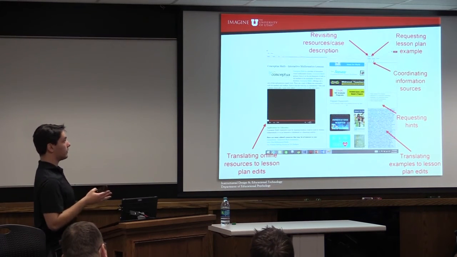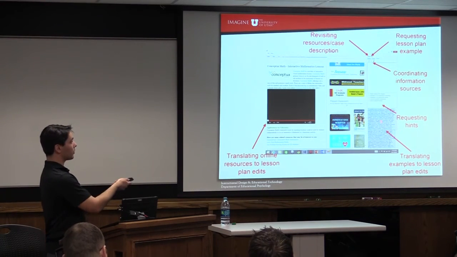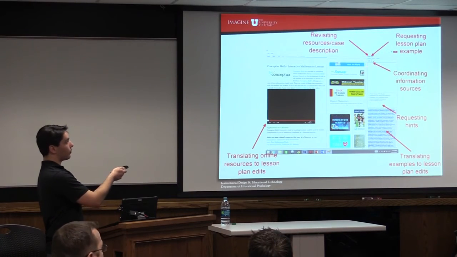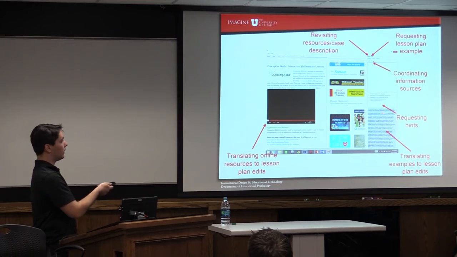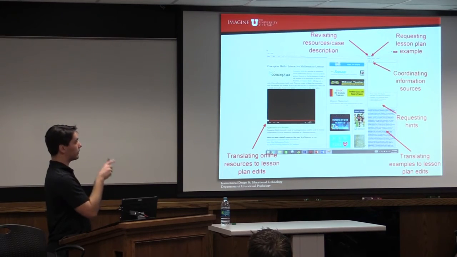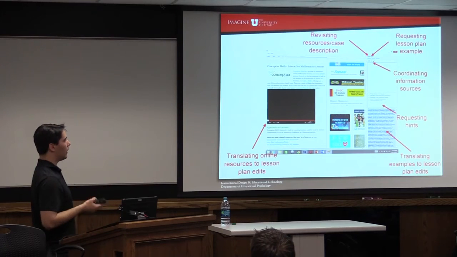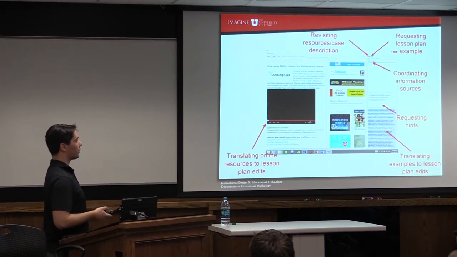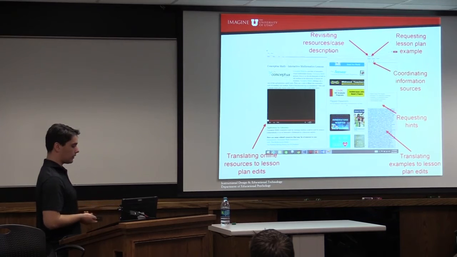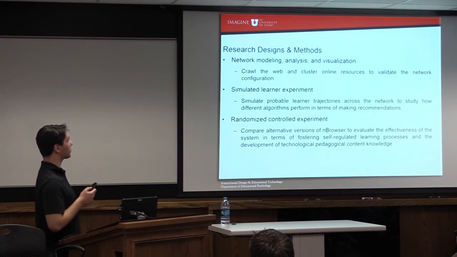They can request additional lesson plan examples, which are showcased here at the very bottom. They can coordinate amongst multiple sources of information by splitting the browser view. And they can also request hints by clicking on this tree-like structure to get some recommendations for the ideal structure of their lesson plans, as well as a link to all sorts of small examples.